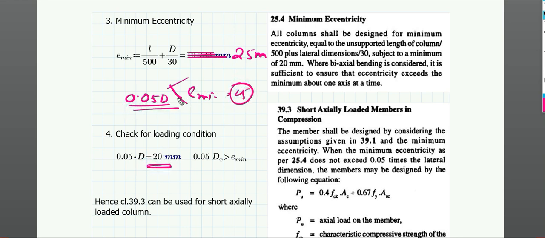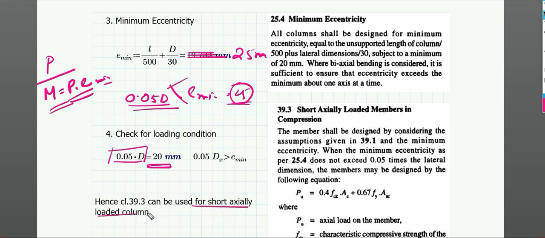In that case you have to design for P as well as the moment, which is P into e, where e is e minimum. We will solve one problem there, and you can see how to calculate the moment and how to take care of this. But for now, as the minimum eccentricity is less than or equal to 0.05 times of D, it can be designed as a short axially loaded column. Moment is not required to be considered.